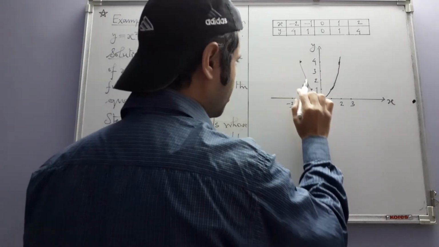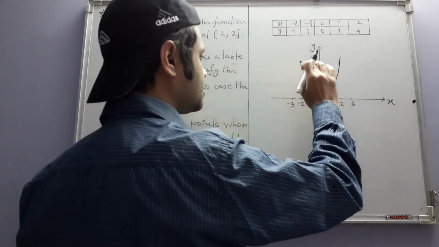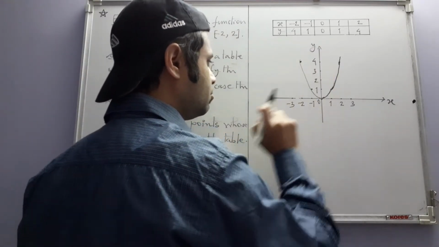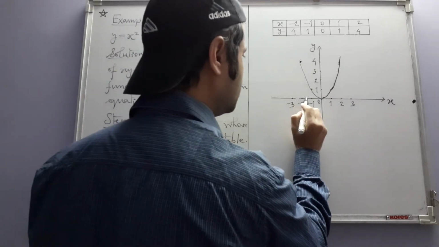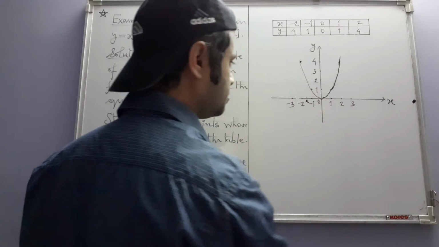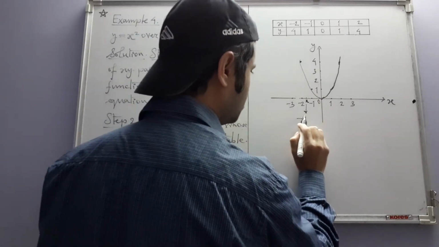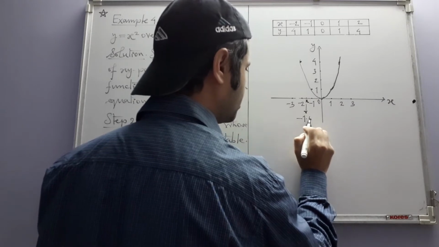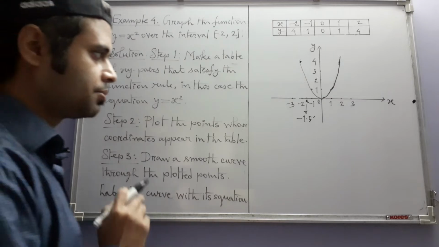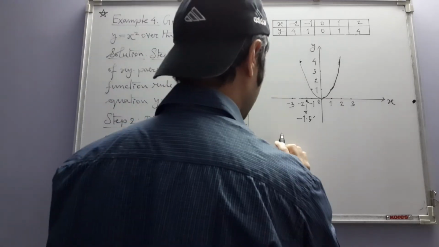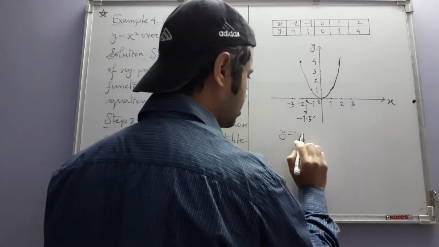We don't really know what is happening, or we have not cared to know what happens between -2 and -1. Say x is -1.5, you can of course calculate: you can put x equal to this value and calculate y.